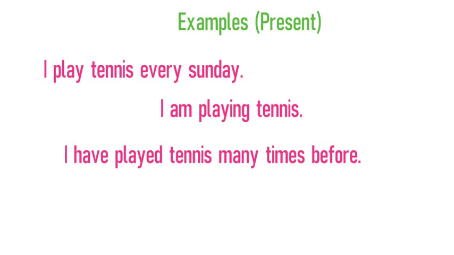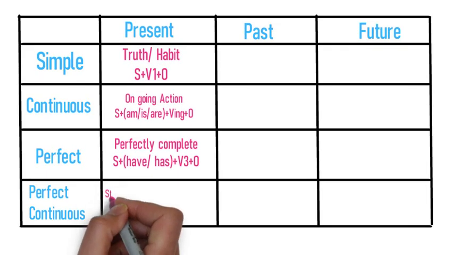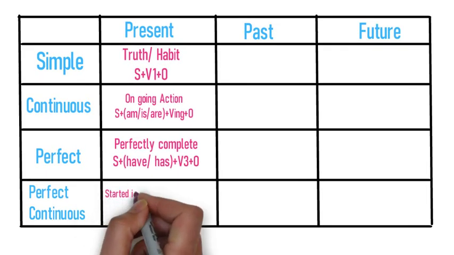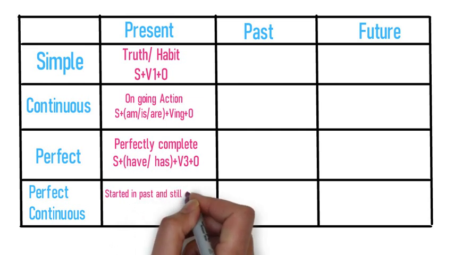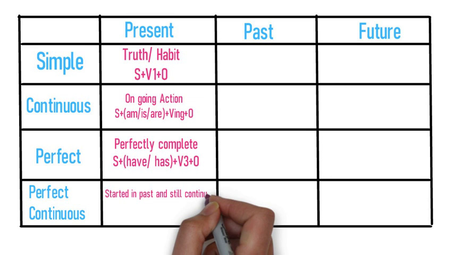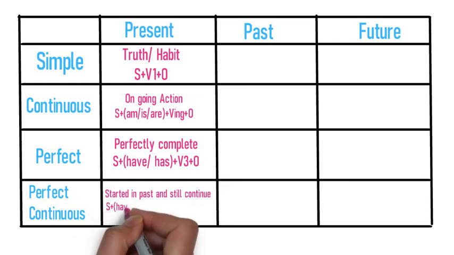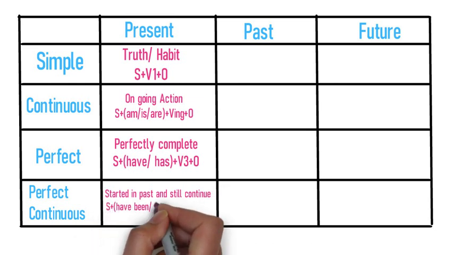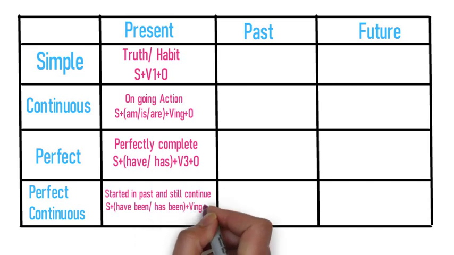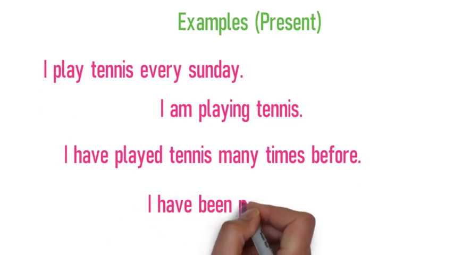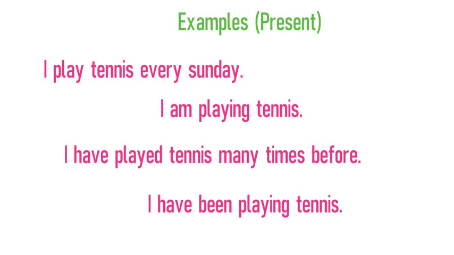Finally, we have the present perfect continuous tense, which shows an action that has been started in the past and still continues. The structure of present perfect continuous tense is subject plus has been, have been plus first form of verb with ing plus object. For example, I have been playing tennis.